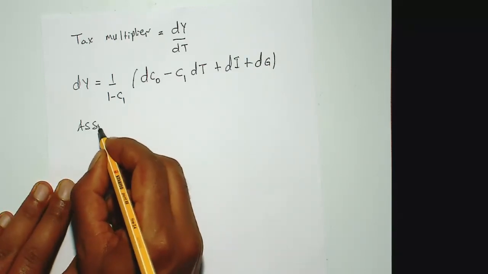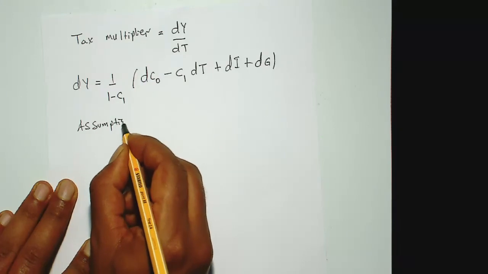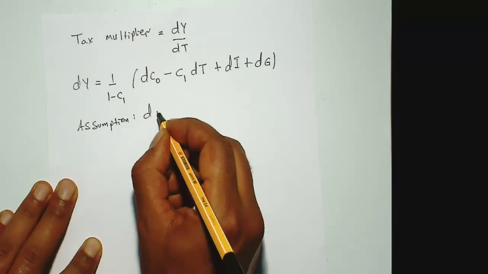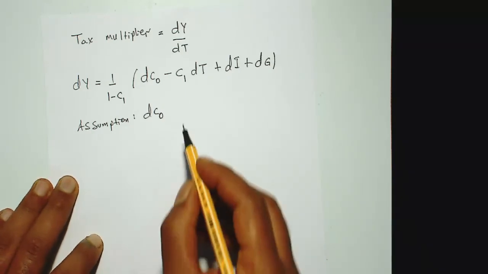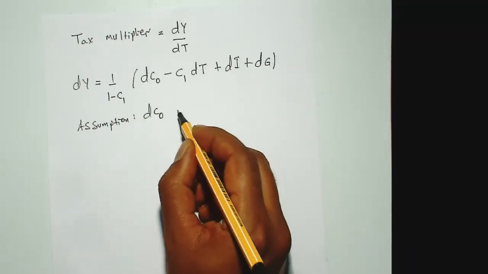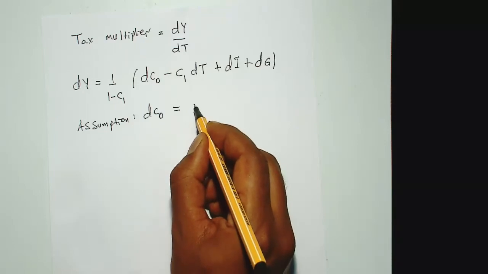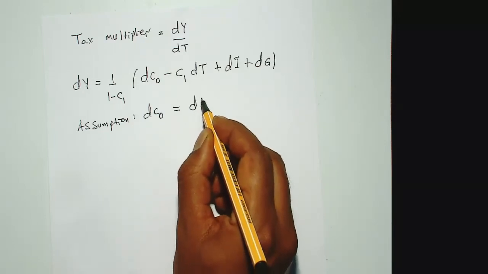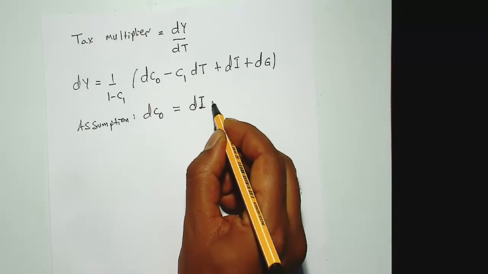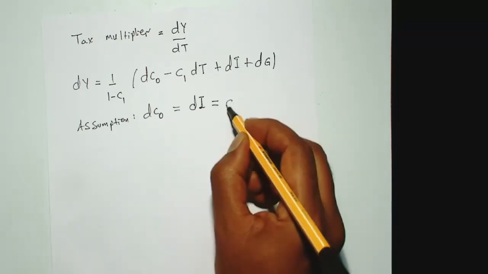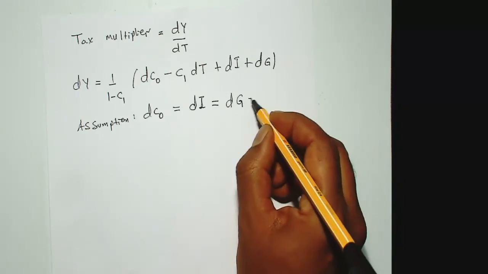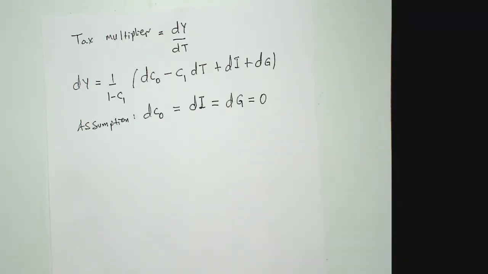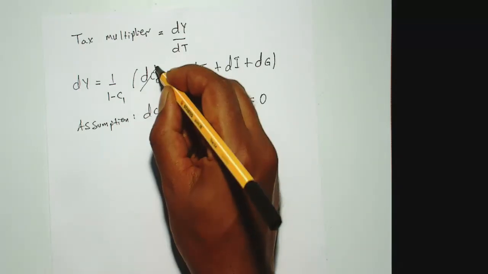Here the assumption that we make is that our parameter dC0 would be 0 because it's not changing. Our variable I would also be 0, as investment is not changing. And our government expenditure is not changing, so our dG would be 0. So these three terms from our formula would be equal to 0.